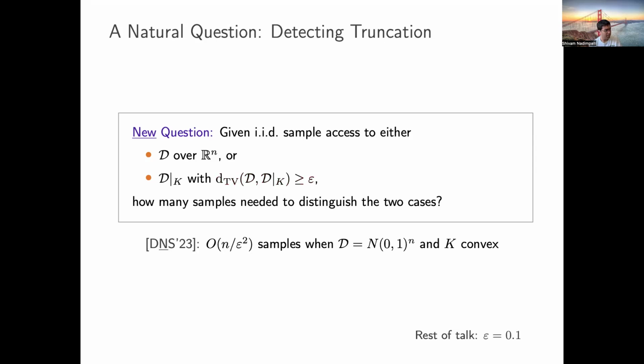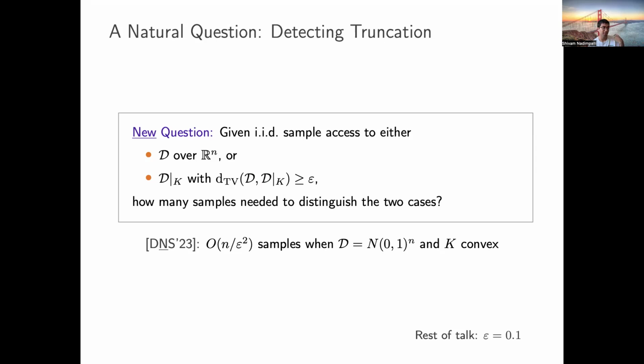In a recent work with Anindya and Rocco, we showed that if you're promised that the distribution D is the standard Gaussian distribution in n dimensions, and if the censorship set is promised to be convex, then a number of samples linear in n, linear in the dimension, is enough to detect truncation, to distinguish between these two cases.